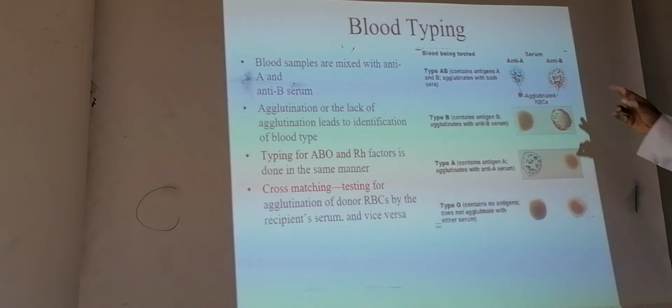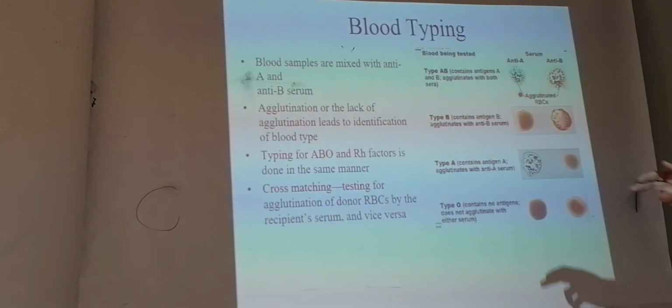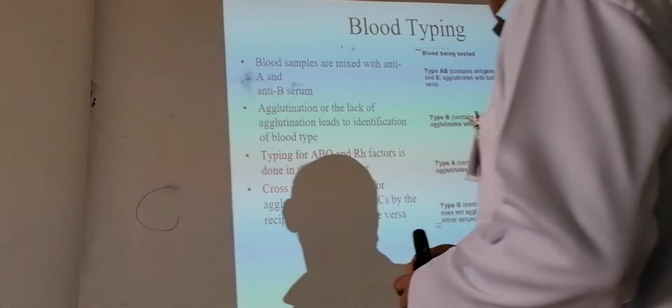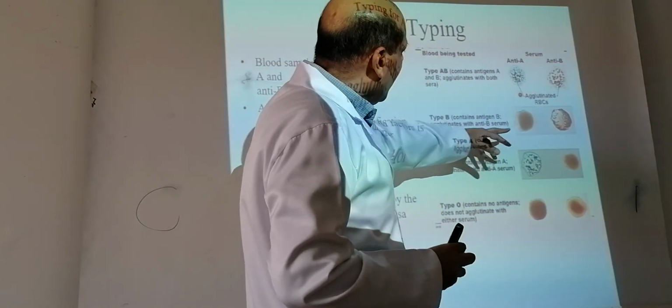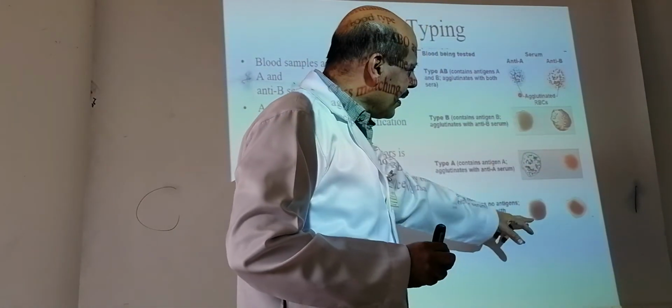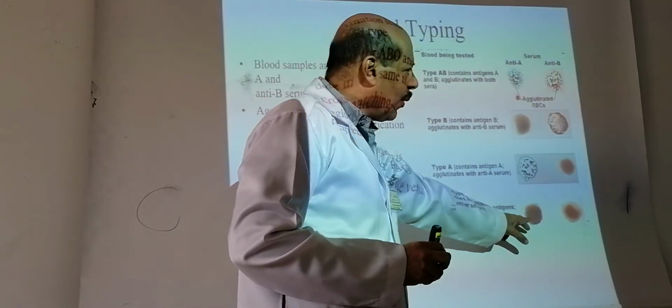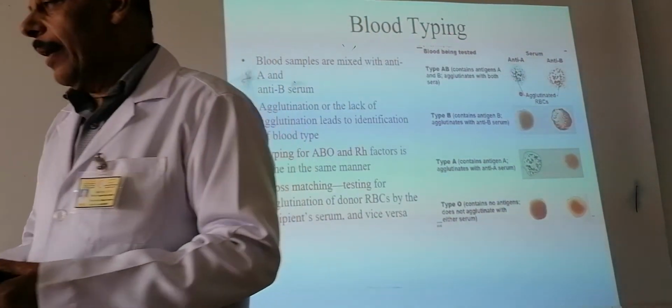If it agglutinates with A and B and D, in this case it is AB positive. The O will not agglutinate. So this is A, this is B, this is AB, and this is O, because no agglutination is there. Right.